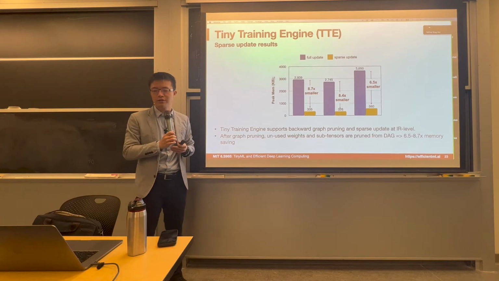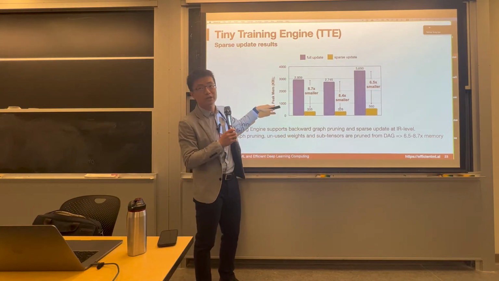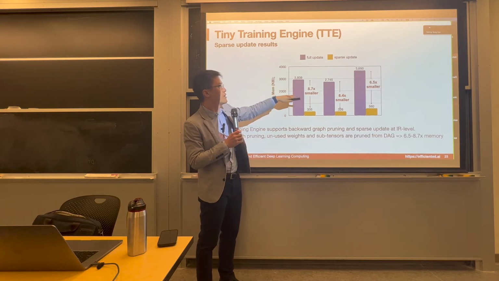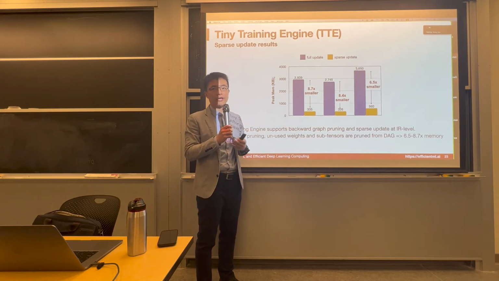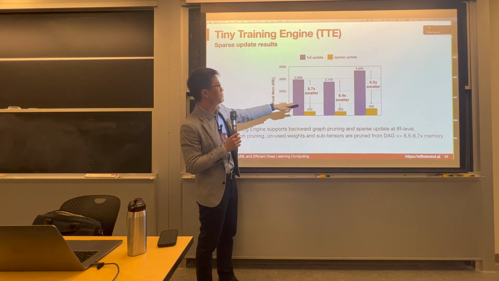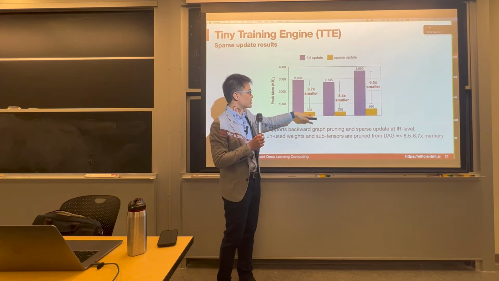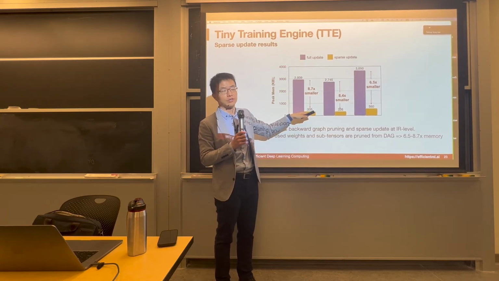Actually, this method is quite effective if we compare the peak memory consumption with a full update, where you have to do back propagation all the way to layer 1. On the microcontroller on different workloads, it can reduce the memory from thousands of kilobytes to only hundreds of kilobytes, right?